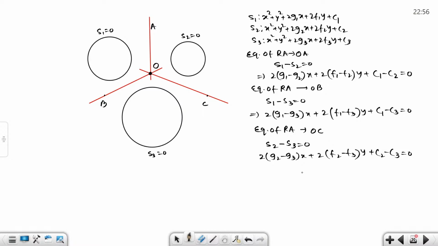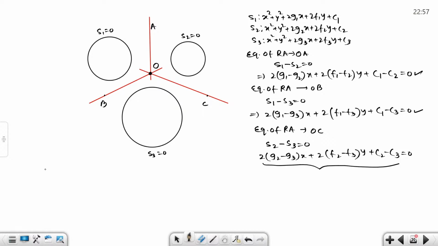To prove this, I have already taught you that when 3 lines are concurrent, what is the condition? You can solve these 2 equations to get the values of x and y and put that x and y in the third equation, and you will see that it is satisfying it. It means that these 3 lines are concurrent. Now, I have also taught you one determinant method. In all those cases, the determinant method acts as a blessing.